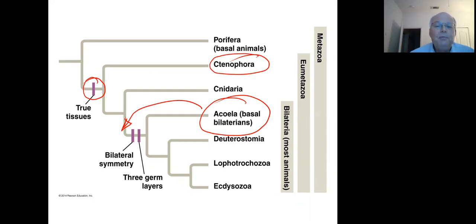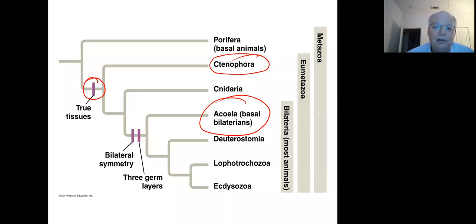Again, this rethinking of the position of the acoels is a consequence of a limited number of studies looking at a limited number of genes and doing genetic comparisons. The chances are really good that once more sequencing data becomes available, because of our ability to sequence genes more easily, we will again consider the acoel worms probably to be bilaterians.